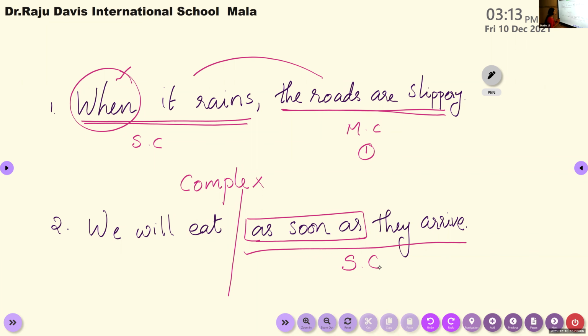Where is the main clause here? "We will eat" is the main clause. So one main clause, one subclause, and the subclause is connected to the main clause with the help of the subordinating conjunction "as soon as." So the sentence is an example of a complex sentence. Excellent. Agree?